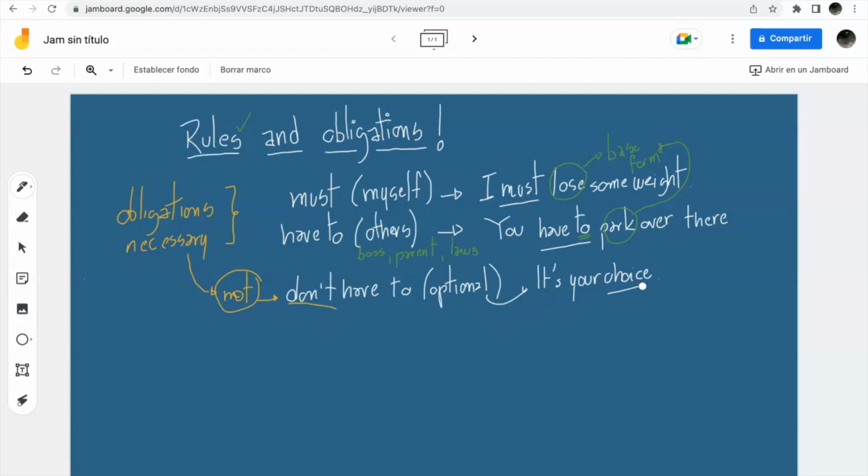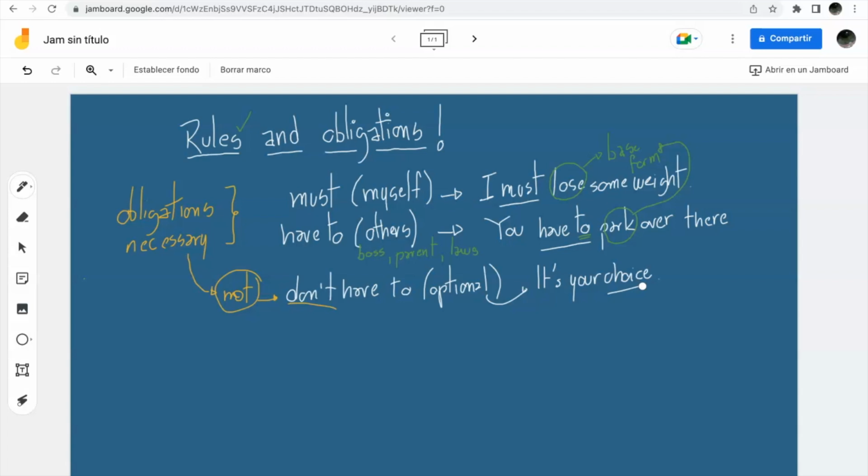If you like to leave a tip, for example, because it's the cinema's day, you can leave a tip, okay? Especially in those small businesses. So once again, it's not really necessary. You have to use don't have to. And by optional, it means that it's your choice. Okay?